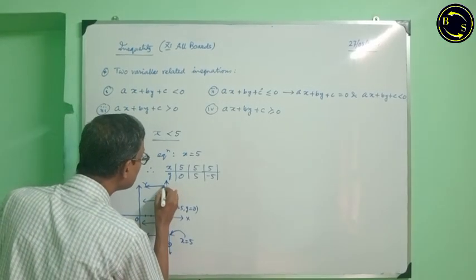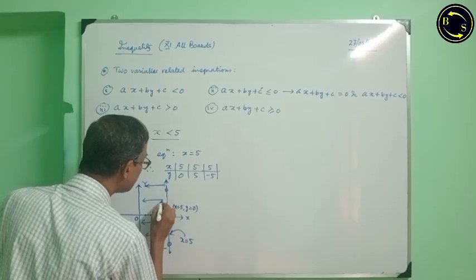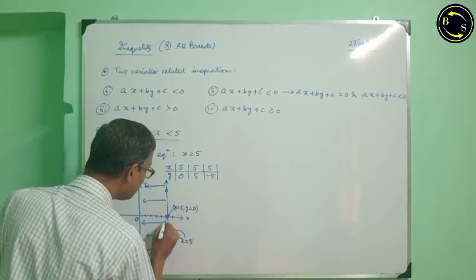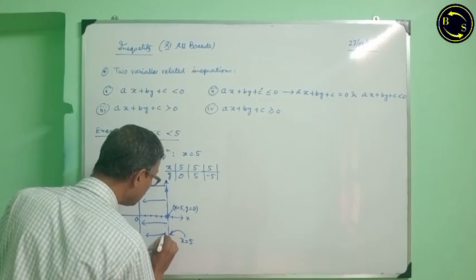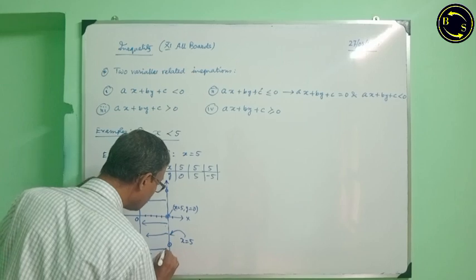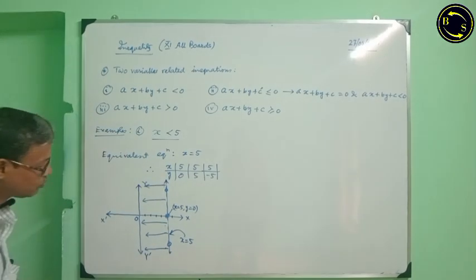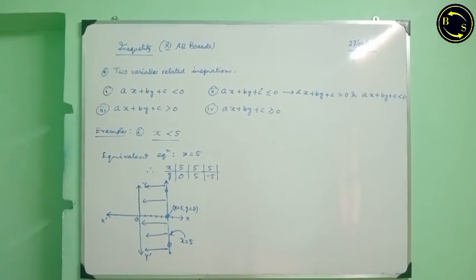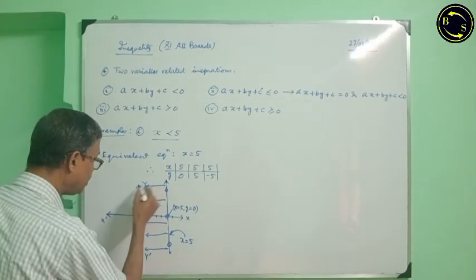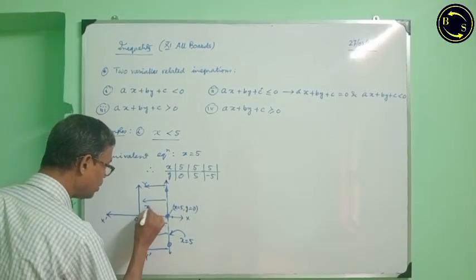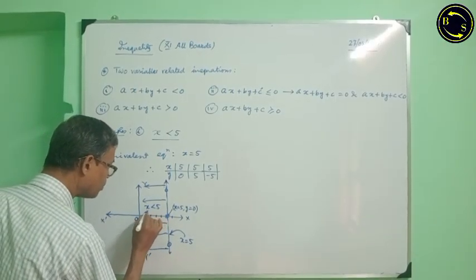There will be a gap. And anywhere you write x less than 5.